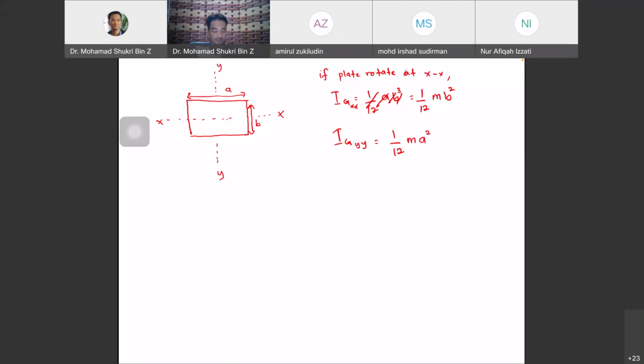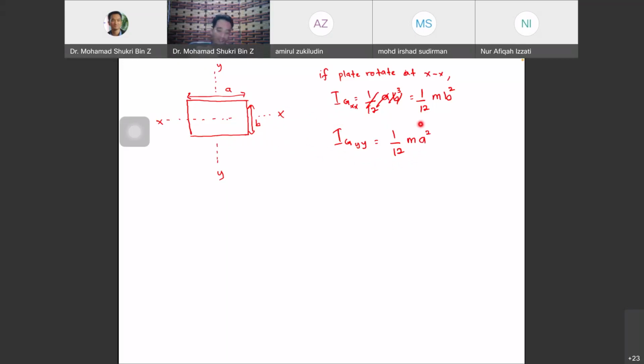So kalau you rotate pada paksi Y, you rotate on Y axis, the formula for mass moment of inertia is 1/12 MA squared. If you rotate in X axis, the mass moment of inertia is 1/12 MB squared.